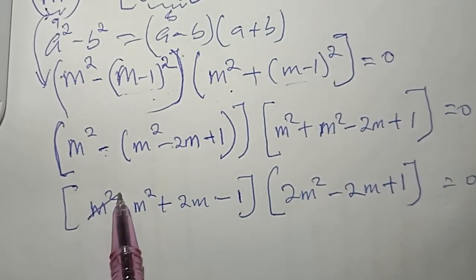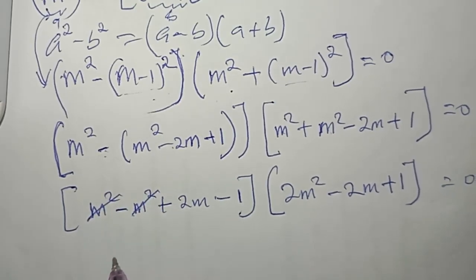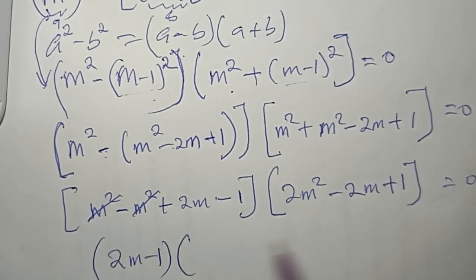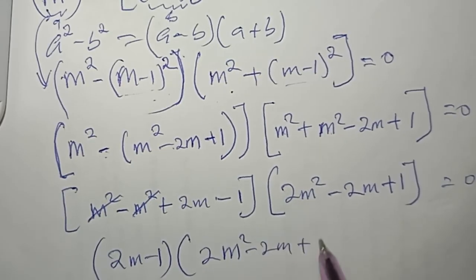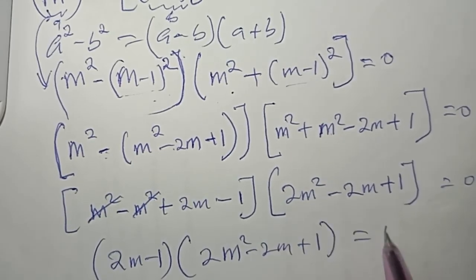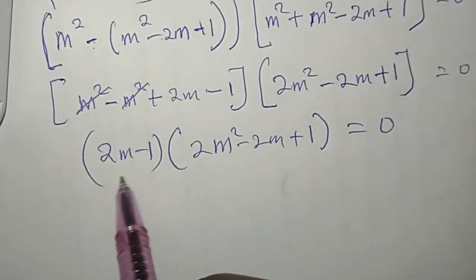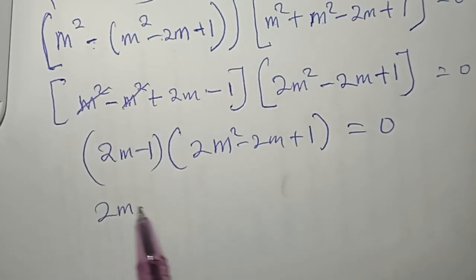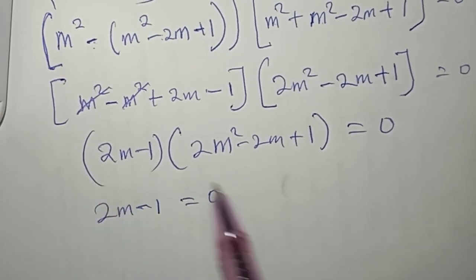So this will subtract this, and what I now have left is 2m − 1 on one side, and on the other side I have 2m^2 − 2m + 1 = 0. Using the zero product rule, you can see clearly that 2m − 1 = 0. So that's the first one.